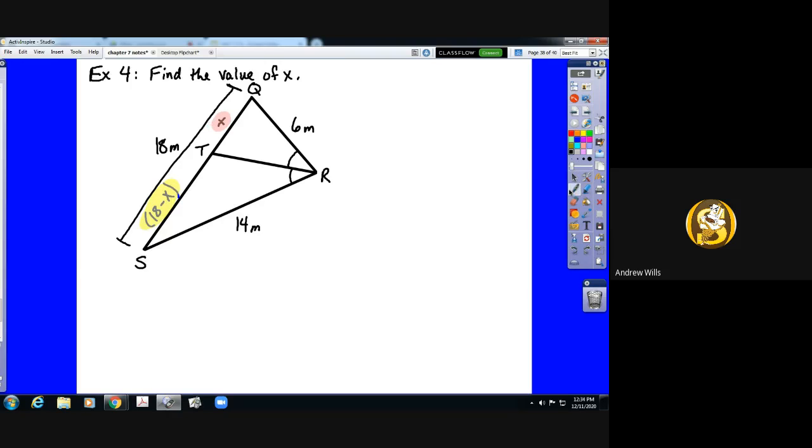So we set up a proportion. ST is to TQ, the ratio of the pieces, the bottom piece to the top piece, equals the ratio of the two remaining sides, SR and QR.